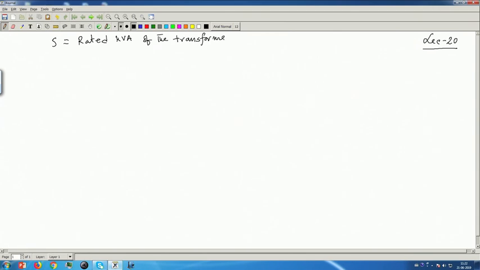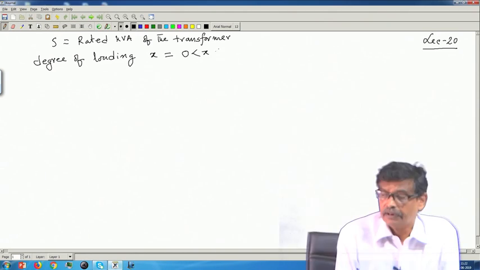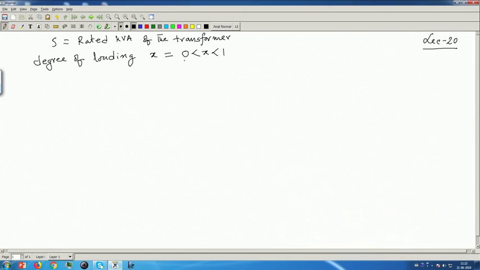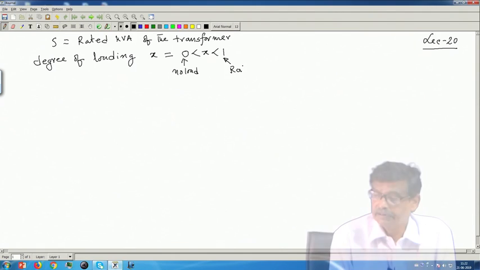Then I defined a factor, the degree of loading, which I tried to represent by a factor x, whose value normally will be between 0 and 1. 0 corresponds to no load and 1 corresponds to rated condition.